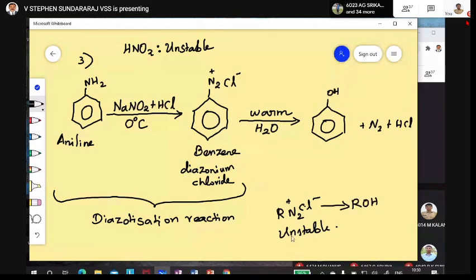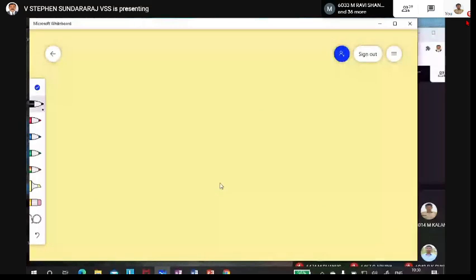And then the fourth reaction is very important again because of the starting material, that is cumene. In the IUPAC nomenclature I had already included this.